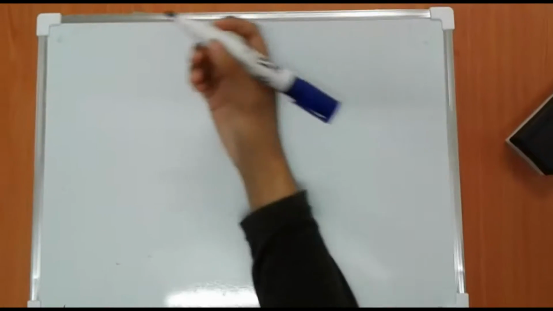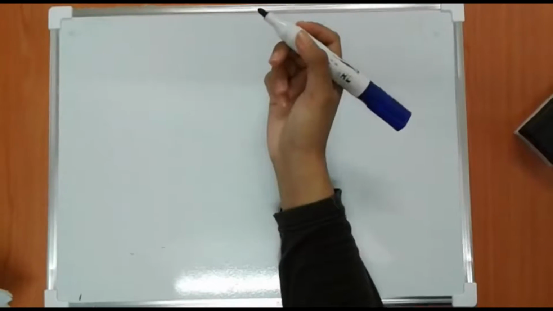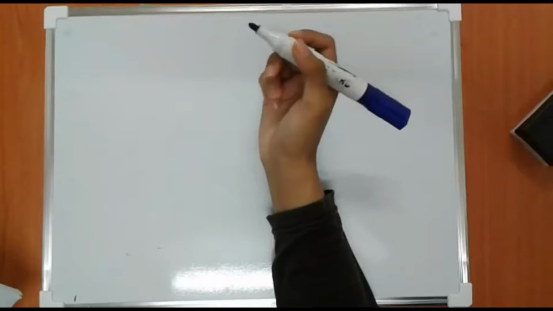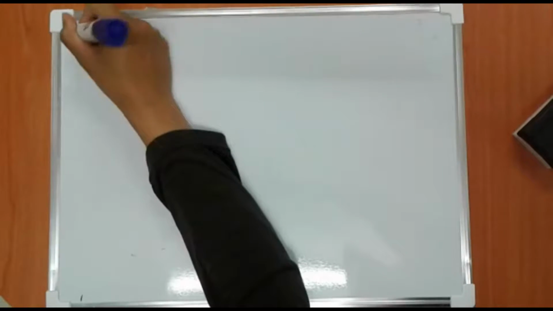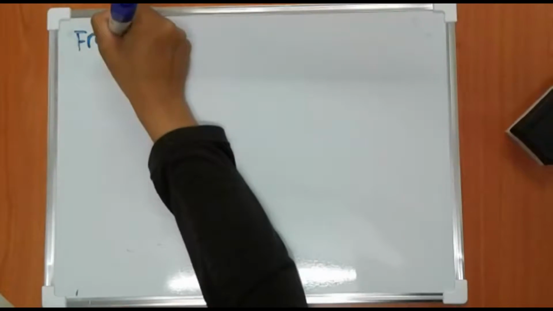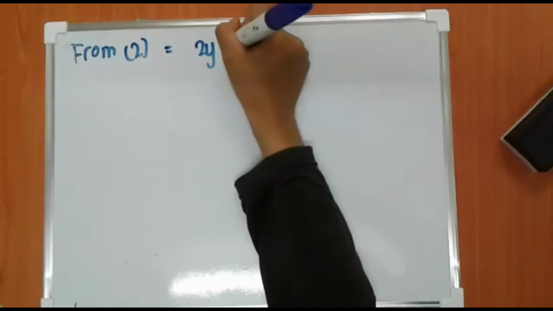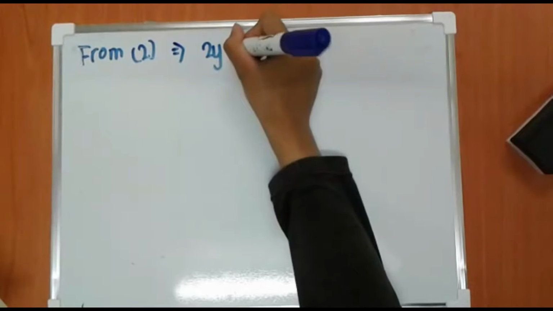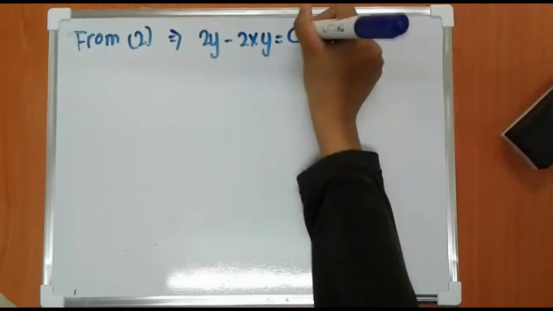Basically, before this, we have got two equations: our first equation is fx and our second equation is fy. So from equation number 2, we will get 2y - 2xy = 0.